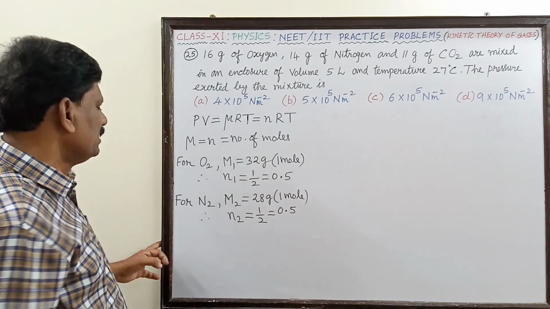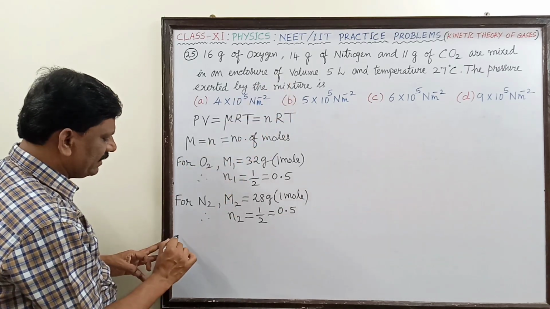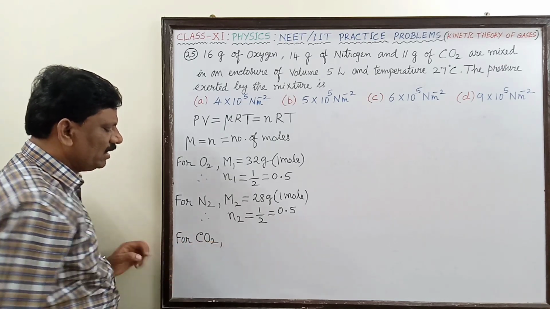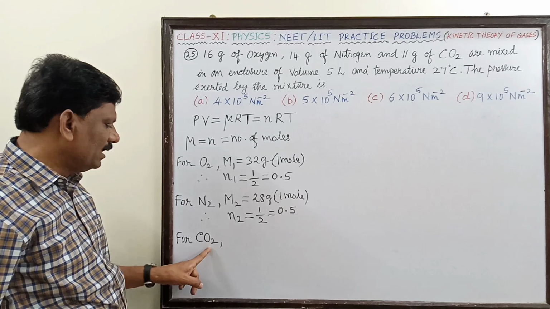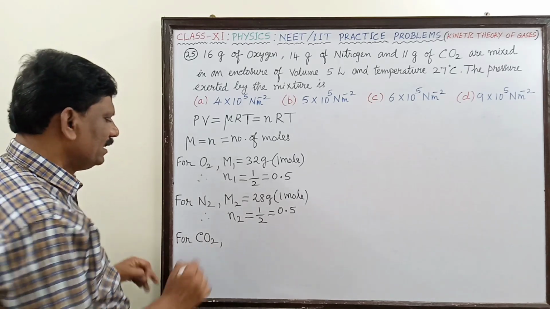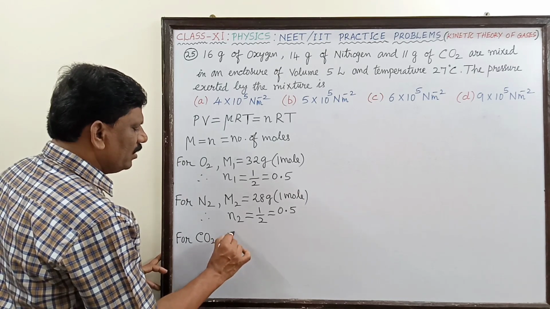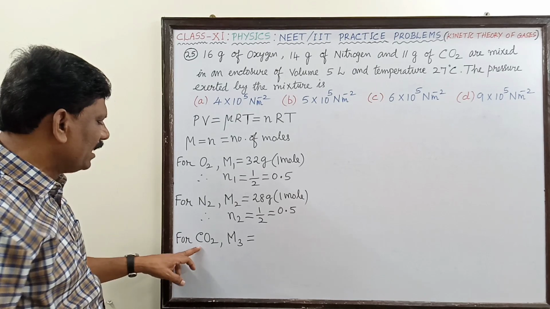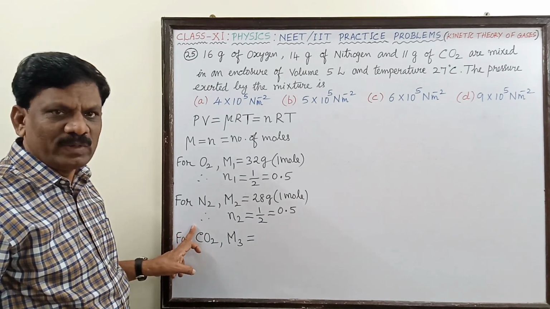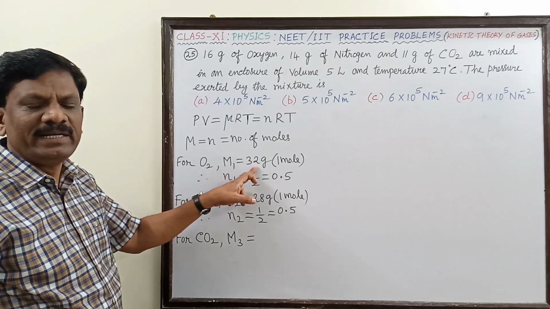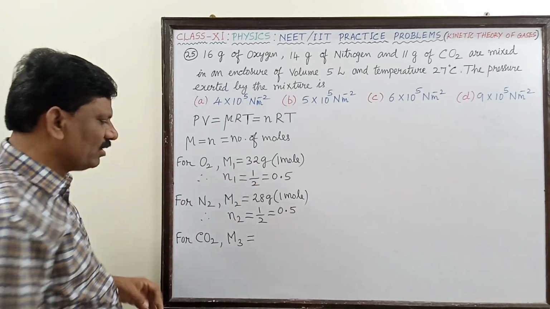Okay. Similarly, for the third gas, that is carbon dioxide. So for carbon dioxide, 1 carbon atom and 2 oxygen atoms are combined, is it not? So its molar mass M3 must be equal to what? I am going to add carbon 12. Carbon is 12 gram. And diatomic oxygen is 32. 32 plus 12 is 44 gram.